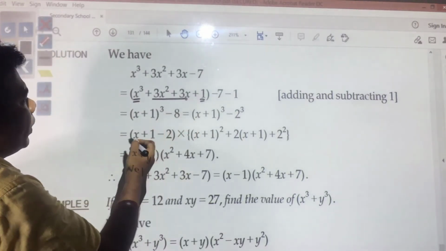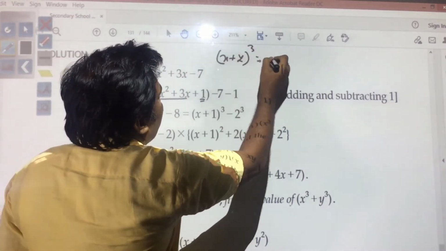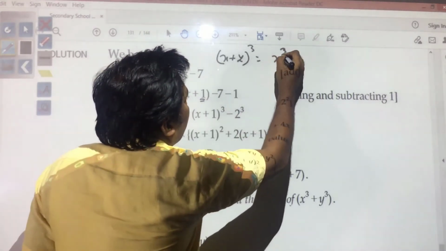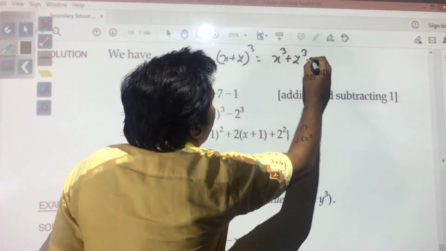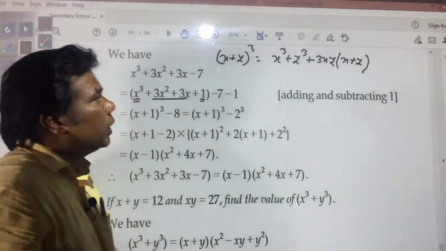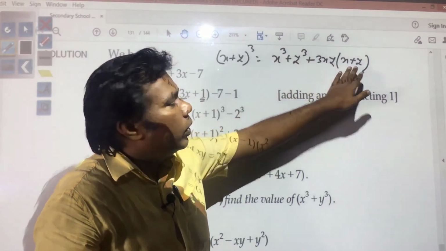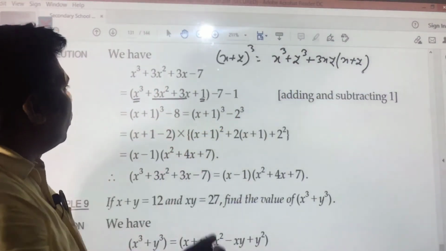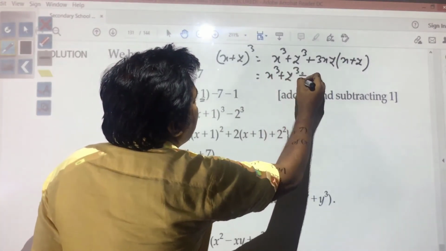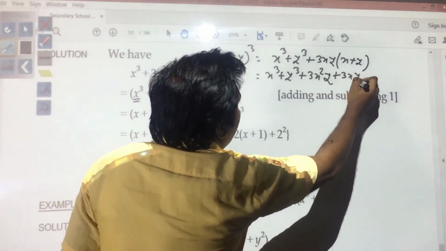Because already we know x plus y whole cube is equal to x cube plus y cube plus 3xy into x plus y, or we can write x cube plus y cube plus 3x square y plus 3x y square.